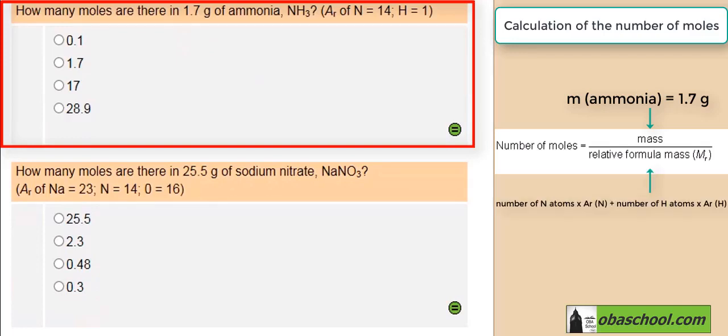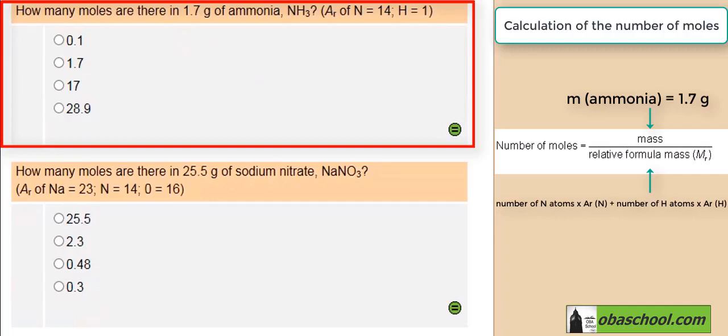Well, that is equal to the number of nitrogen atoms in ammonia times the atomic mass of nitrogen plus the number of atoms of hydrogen in ammonia times the atomic mass of hydrogen.